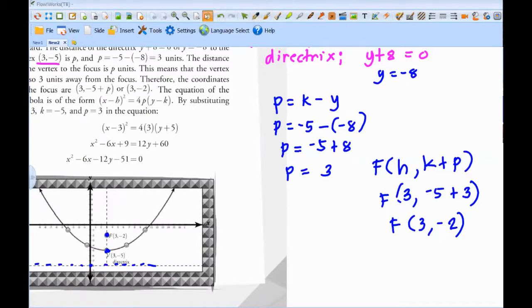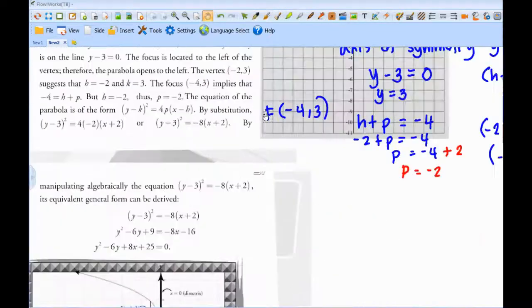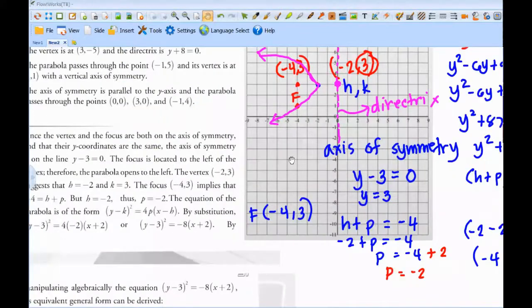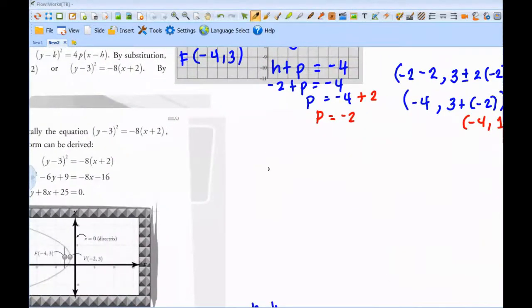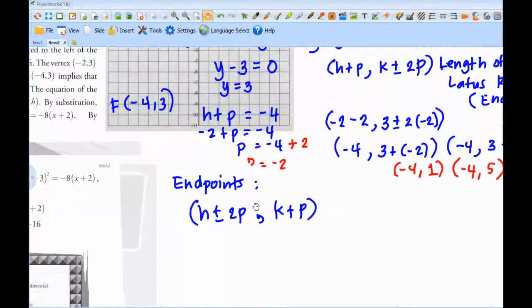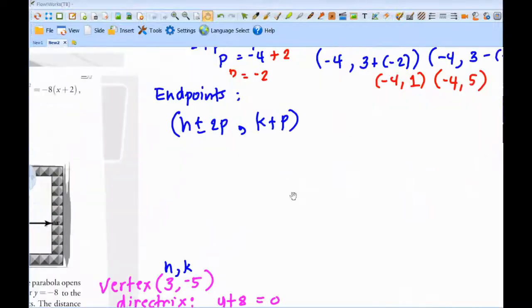Now, what about our lattice rectum's endpoints? So we have the formula that what we got here, H plus and minus 2P and K plus P. So these are the endpoints of the lattice rectum. Okay. So we have the H. Again, we have the H. Oops, it's not there.